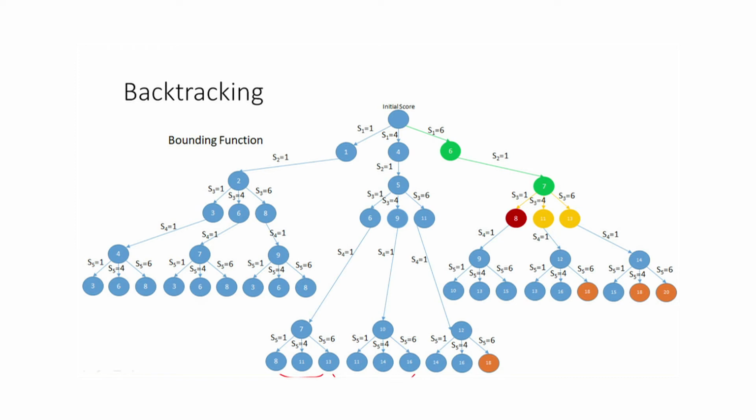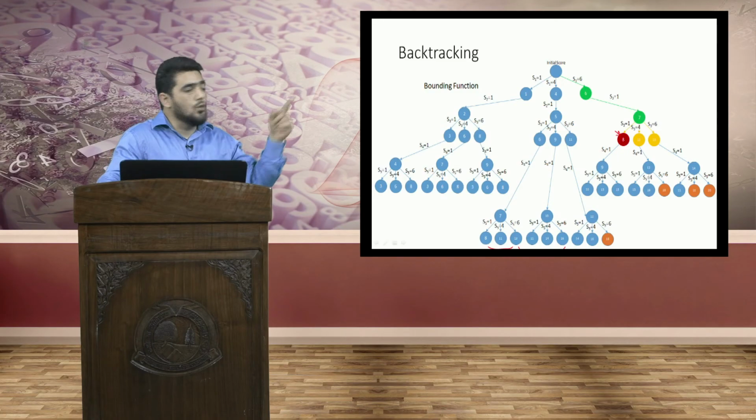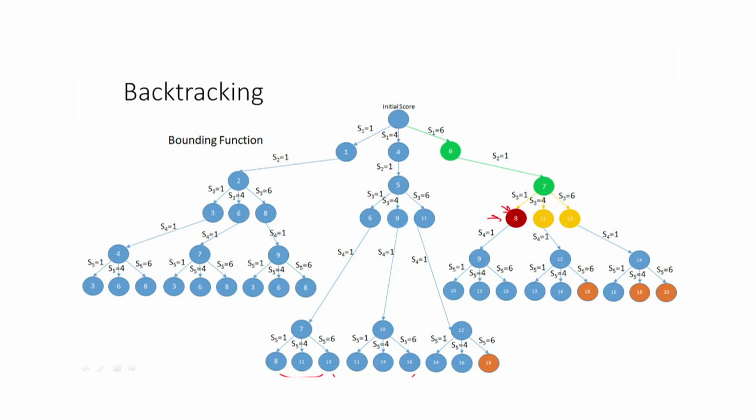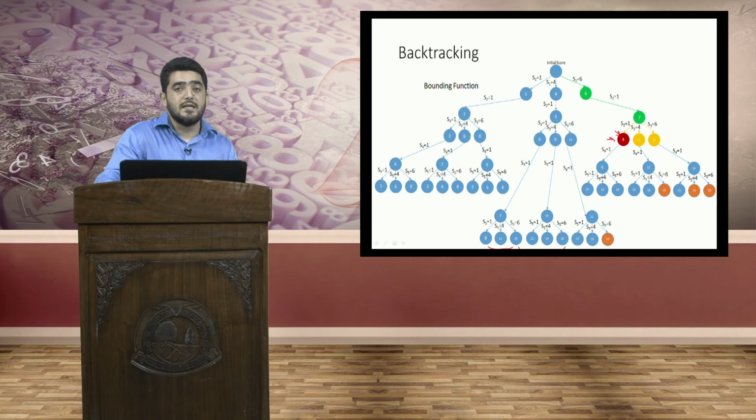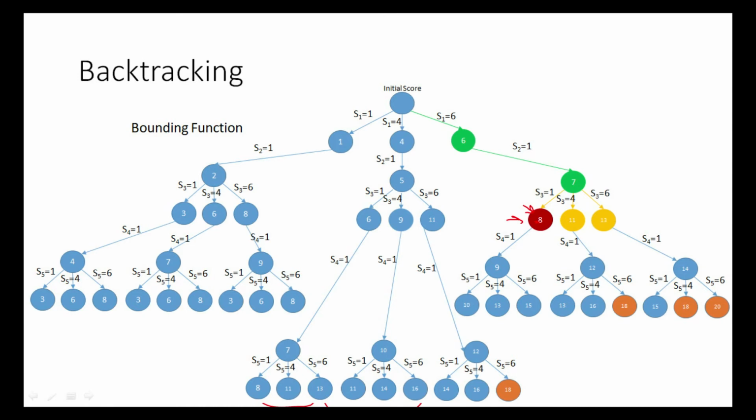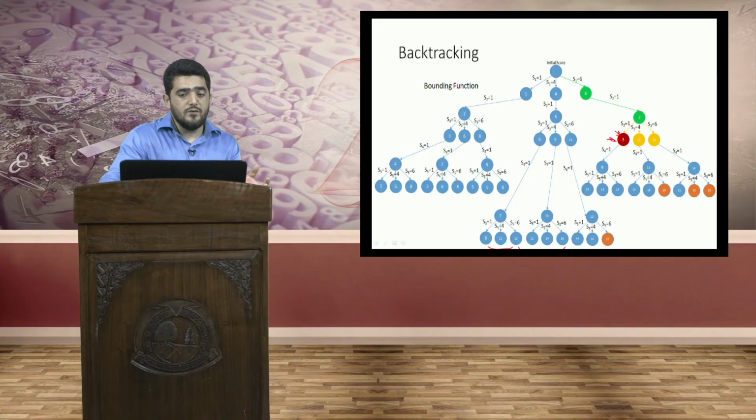But obviously when we reach this particular node here, the score is 8, and in order to win the match, it is important that at this stage the number of runs needed to be made for these 3 balls has to be greater than or equal to 13. Then only we can win the match or reach 18 or 20 runs. But it is obvious that if we follow this path, we select this node, we will not be able to win the match, and none of the following nodes would yield us the solution.